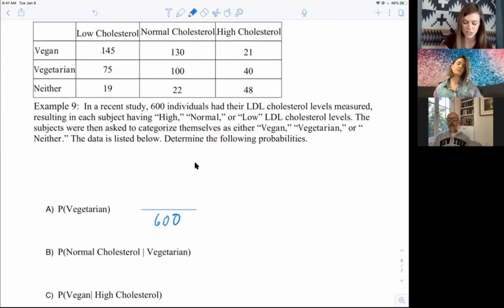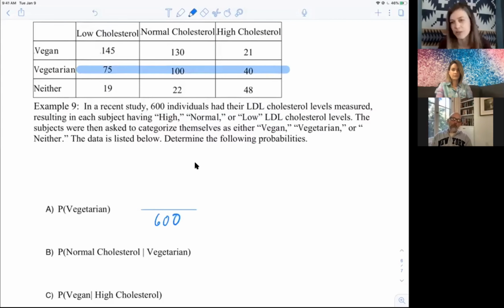The number of vegetarians is going to be represented right here, so we would need to add those. But for the sake of, if you're recording this for your students, maybe making a little note of what the difference between vegan and vegetarian is. Okay, so a vegan is someone who does not eat any animal products whatsoever.